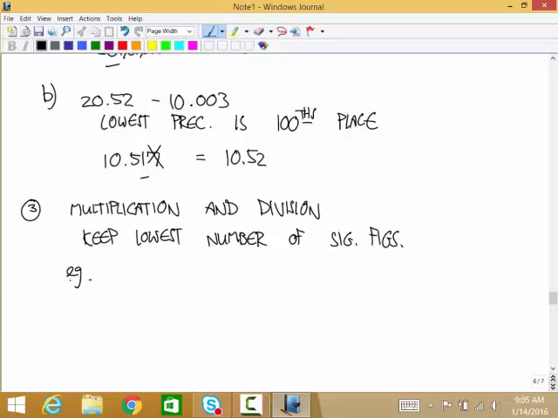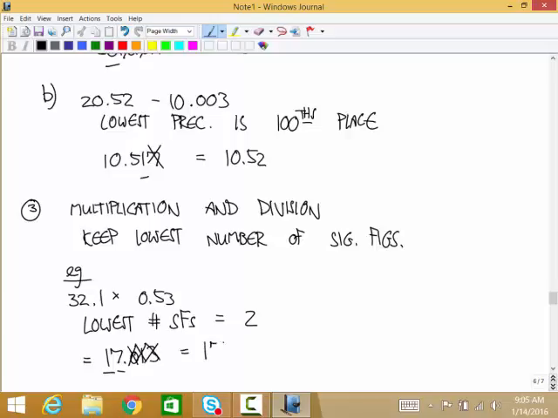So if you have 32.1 times 0.53, the lowest number of significant figures is 2. And so the answer, plug it into the calculator, you get 17.013. And so we're going to keep these two significant figures and not these. So you just get 17.